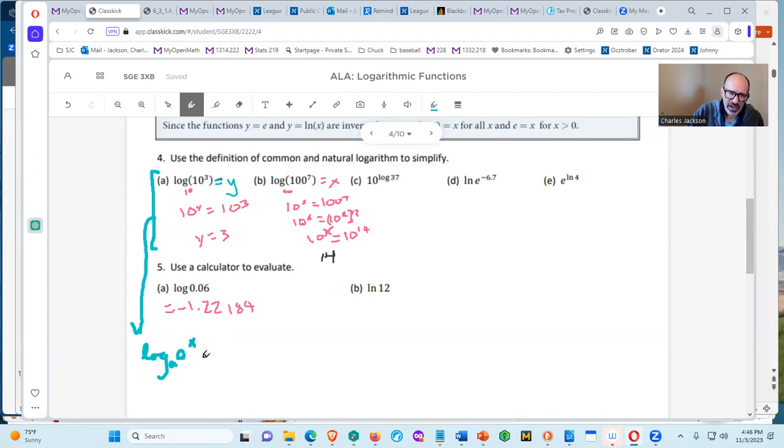And so that's why we have a property that says log base a of a to the x just equals x. Because the logarithm and the exponential are inverse operations, they undo each other. They cancel each other, and so you just get the x.